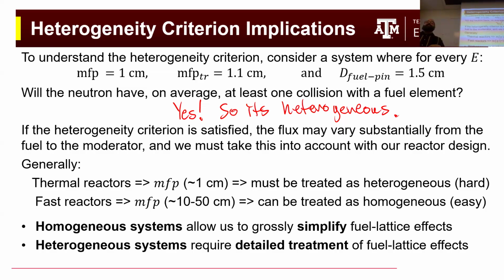If you have a heterogeneous system, you can still average things over, but you have to account for differences in the flux from region to region, which makes the calculations harder, and it means you need a more detailed treatment if your system is heterogeneous.